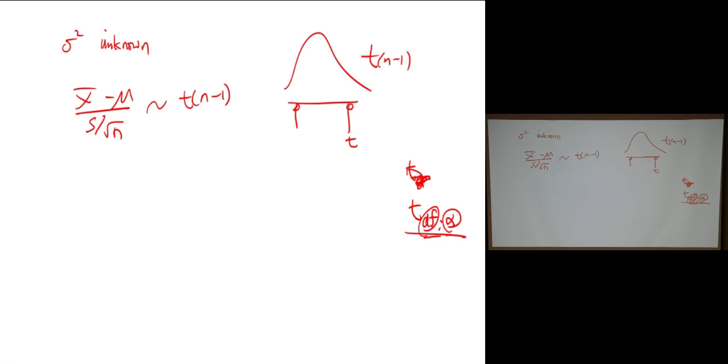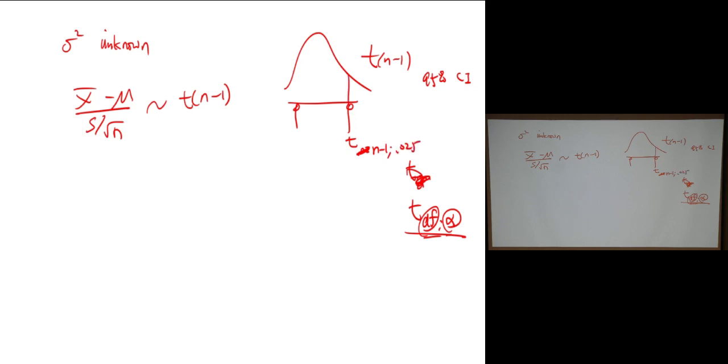So in this case, if I want a 95% confidence interval, an interval that I have quite high confidence will cover the unknown parameter, this random interval will cover the unknown. So I choose t with n minus 1 degrees of freedom and 0.025.